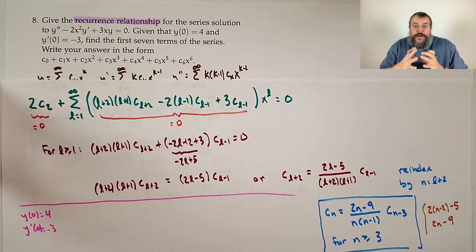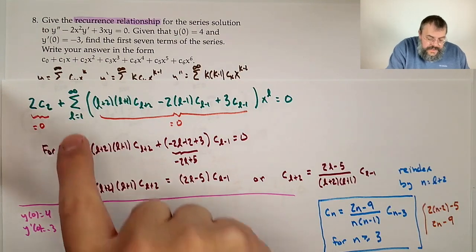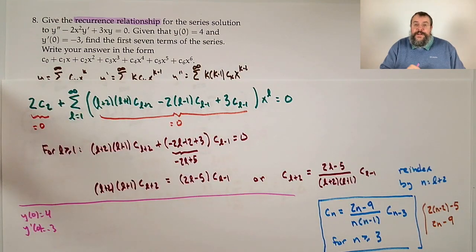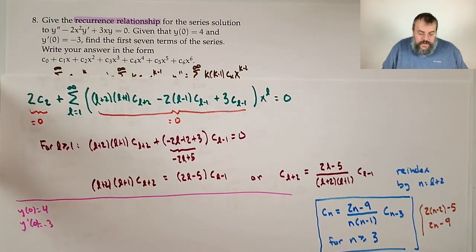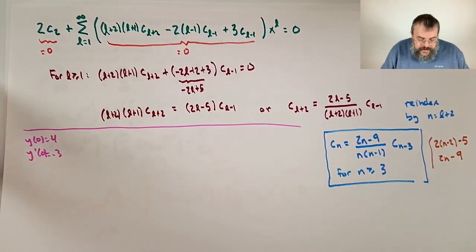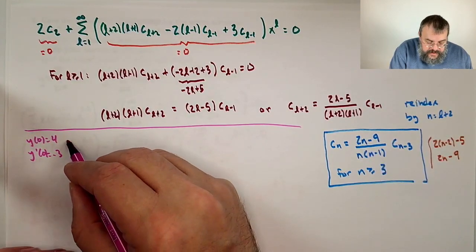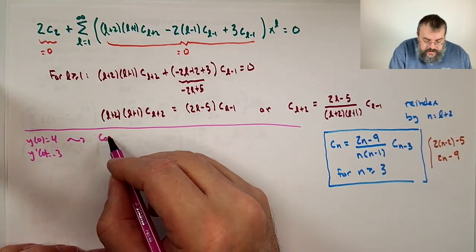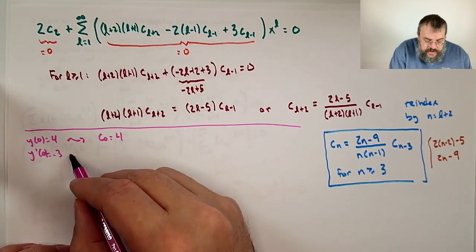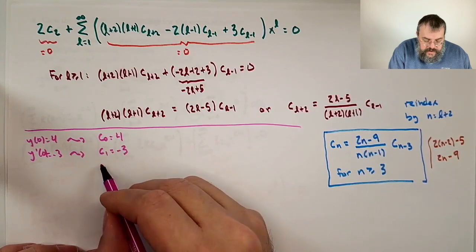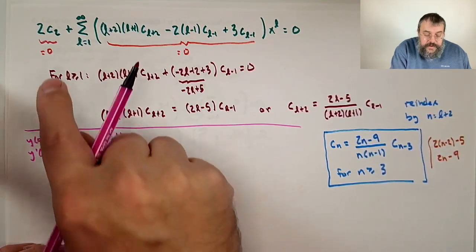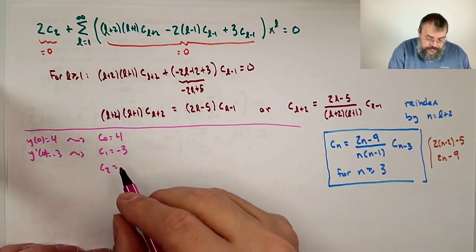The value of the function at 0 is c0. The value of the derivative at 0 is c1. So we say, hey, great news for us. This translates into saying c0 is 4. Here we get c1 is negative 3. C2 is up here. It's 0.